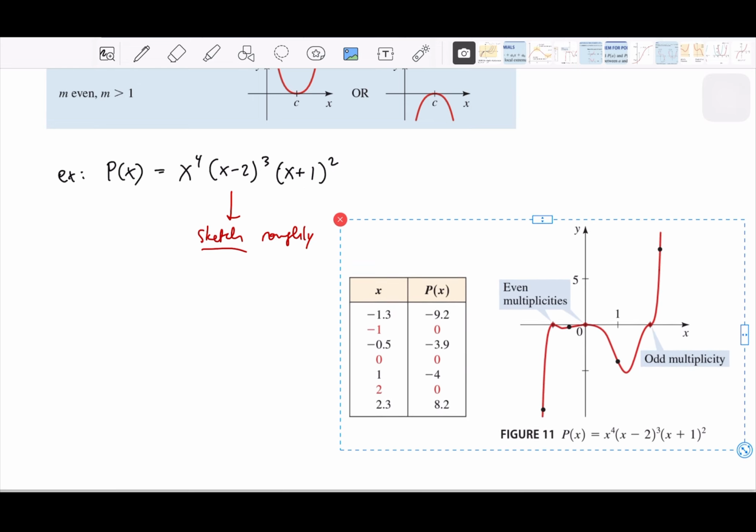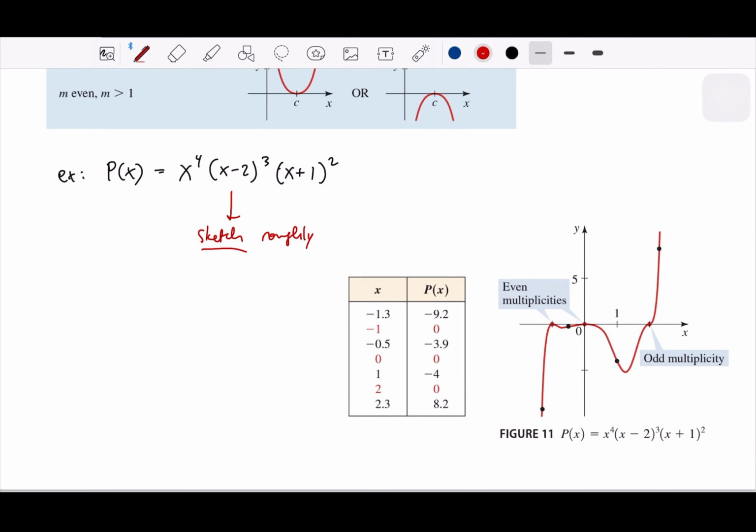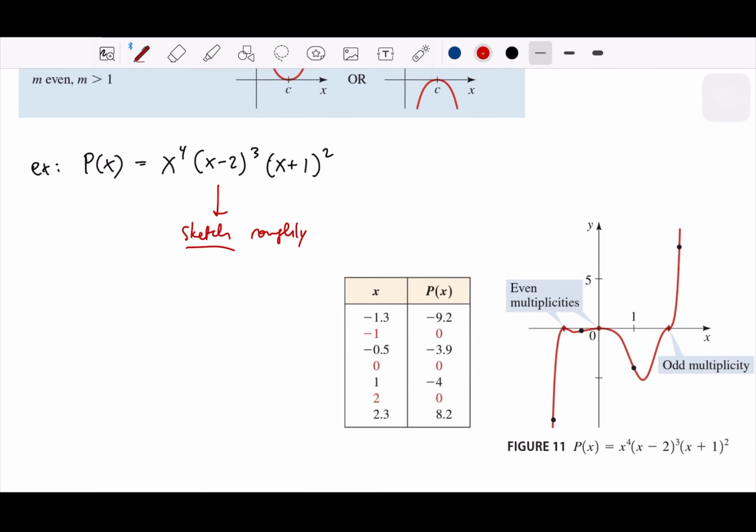So we start by looking at the zeros. 0 is a zero of multiplicity 4.